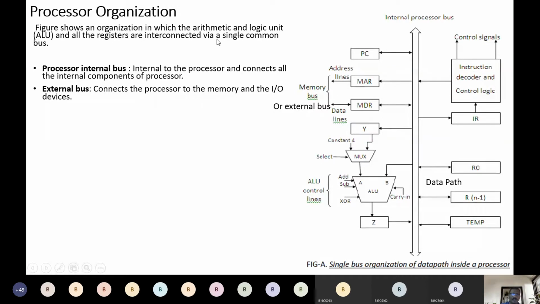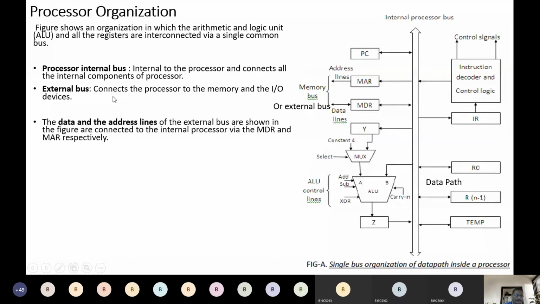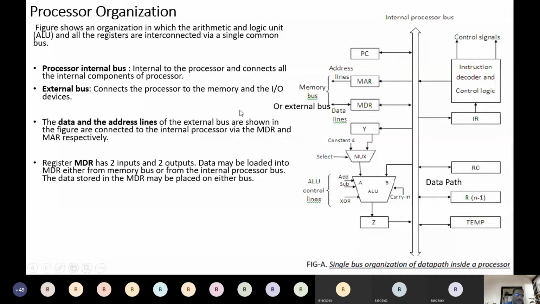From this connection, the address lines come to MAR and the data lines come to MDR. You can see the same thing given here. The data and address lines of the external bus shown in the figure are connected to the internal processor via MDR and MAR. So address lines from main memory are connected to MAR and data lines to MDR.